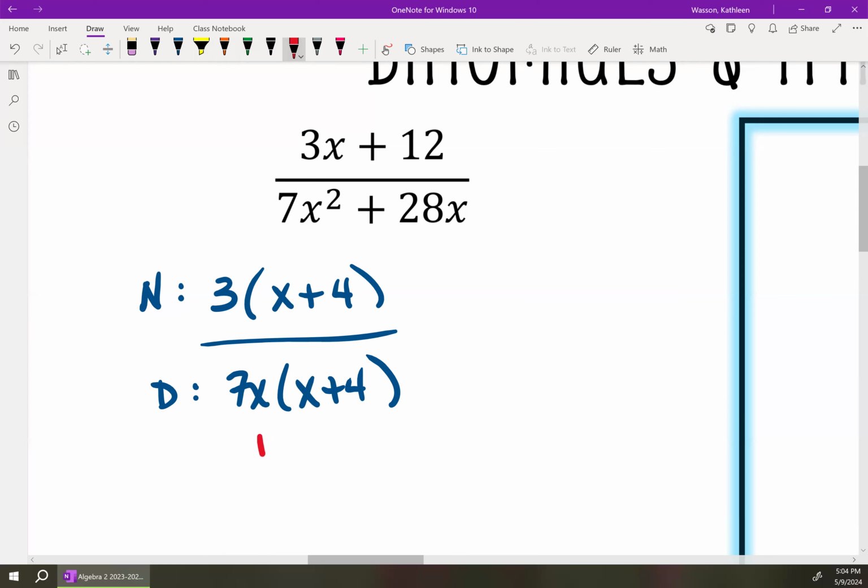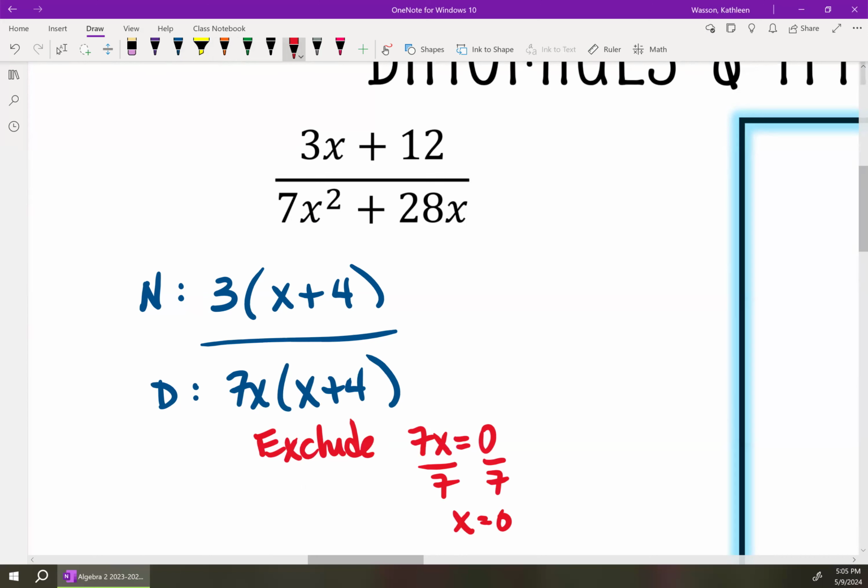So I have to exclude x when 7x is 0. To solve this, I would divide by 7, and x would be equal to 0. So I can't let x be 0, or there would be a 0 here.